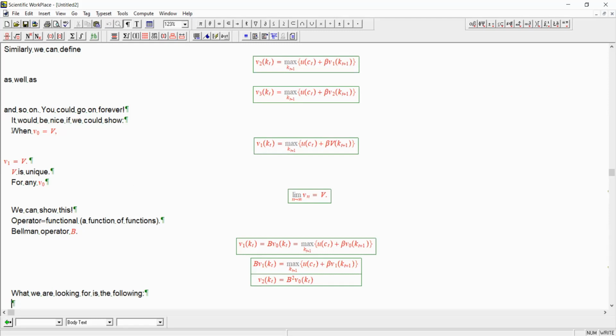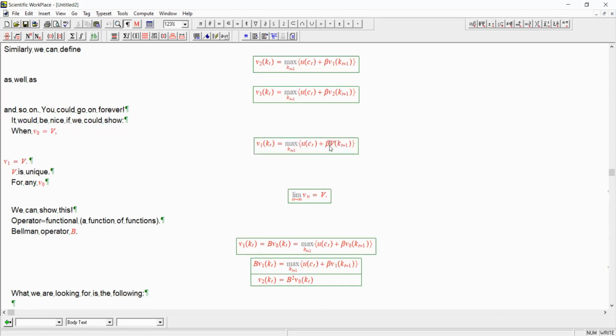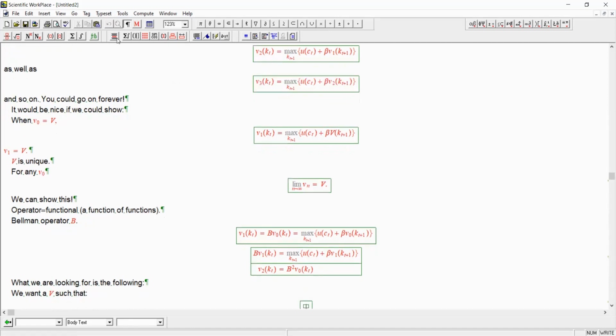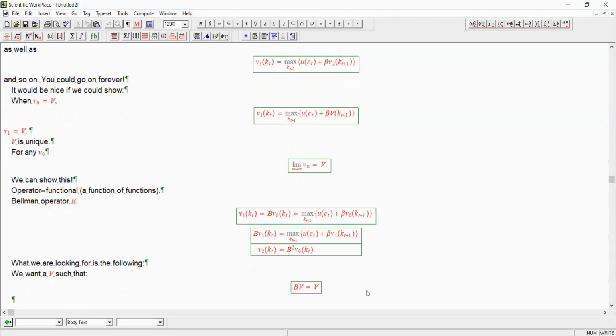First, the idea that we want a V such that when you plug it in, you end up with the same thing, can be written as follows. You want a V such that when we apply the Bellman operator to V, we get V back again.